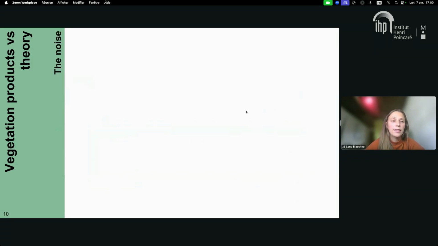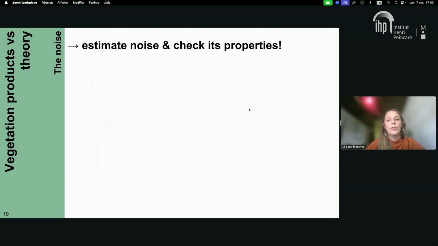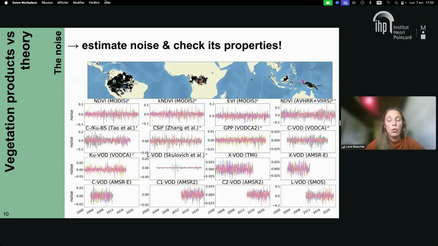Now, as we said, the first important thing that can influence our resilience metrics is the noise of our data. So the idea here was simply to estimate the noise and check its properties. We do this for each grid cell that has a time series, and for each of these time series, one per vegetation product, we do some kind of regression. With this regression, we get a time series of the noise, and we can analyze the statistics of those time series.